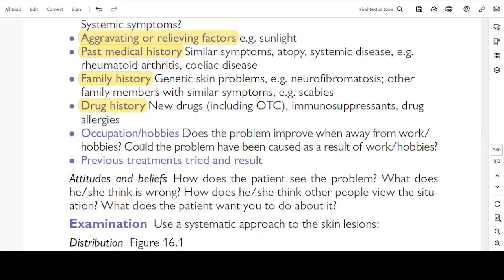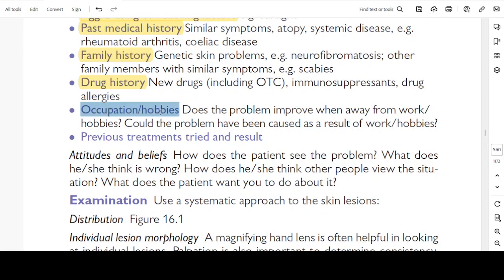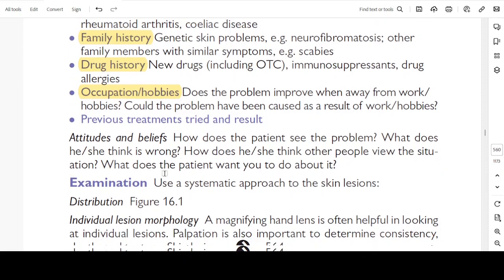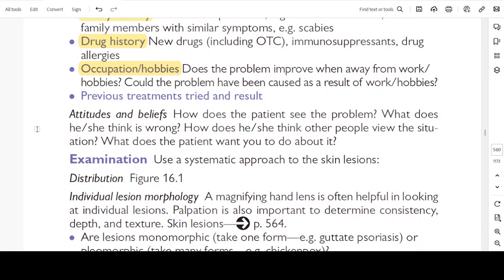Drug history: new drugs including OTC drugs, immunosuppressants, drug allergies. Occupation or hobbies: does the problem improve when away from work or hobbies? Could the problem have been caused as a result of work or hobbies? Previous treatments tried and result of the treatment.